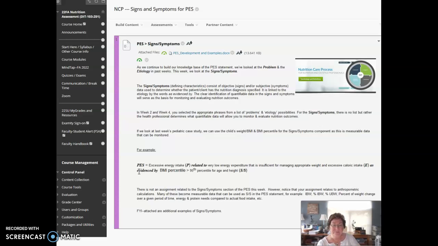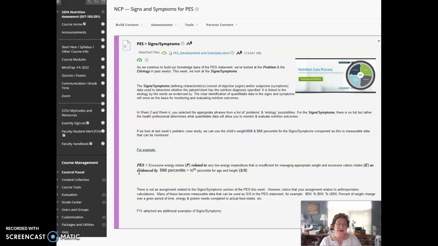That's our problem. And that's related to very low energy expenditure that is insufficient for managing appropriate weight and excessive caloric intake. All right, and that's specific verbiage from our problem list and our etiology list.